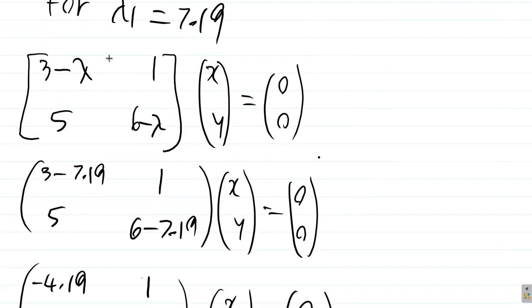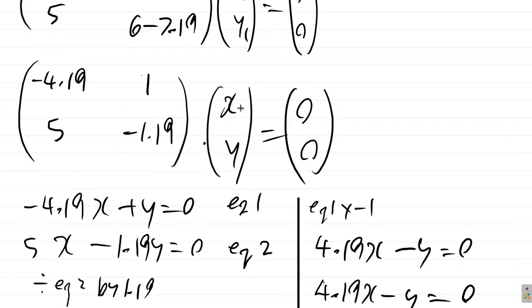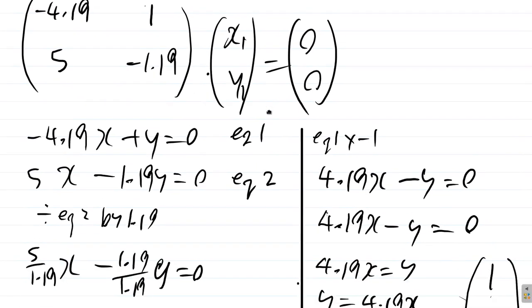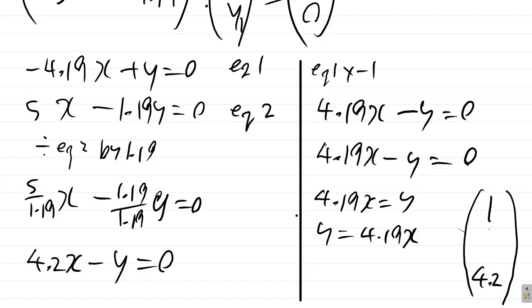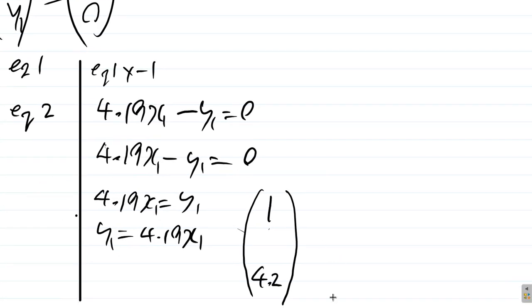Since I label this as lambda 1, I'll label these as x1, y1, because when we come to lambda 2, we'll call them x2, y2. We don't want to call these x and y and then call the next ones x and y again. That would be technically improper.